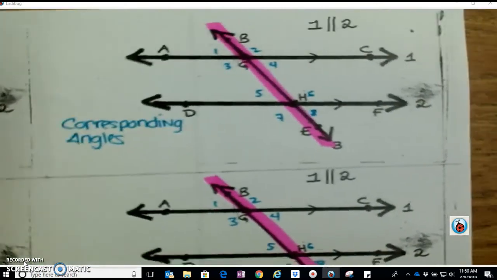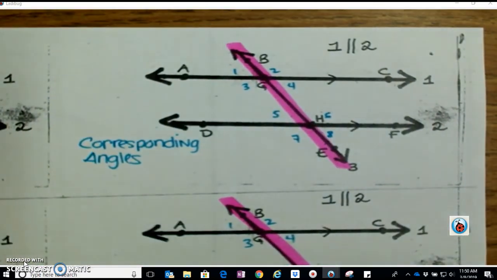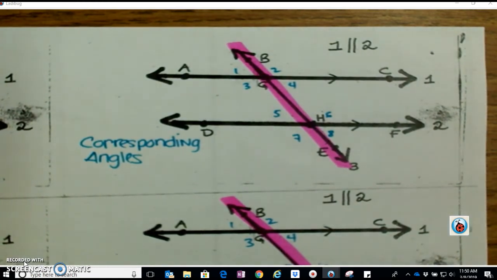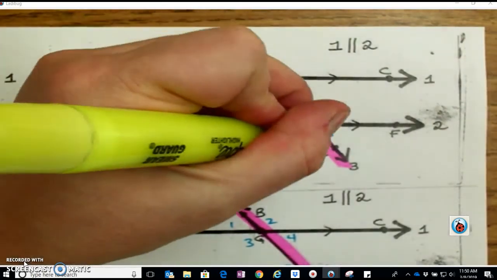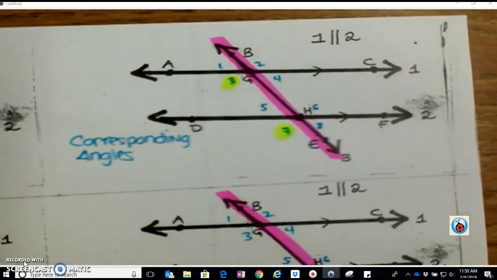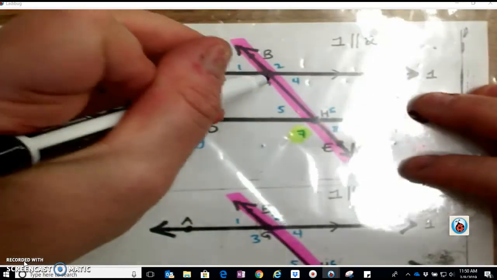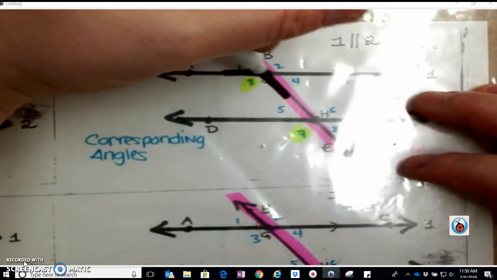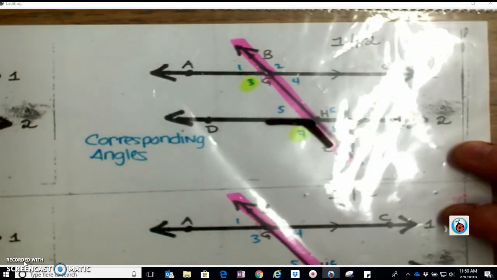Right? So now let's take a look at corresponding angles. Corresponding angles, remember, are on the same side of the transversal in similar places. So for example, angle 3 corresponds with angle 8. If I trace that angle, it's literally just sliding it on down till it finds its match.